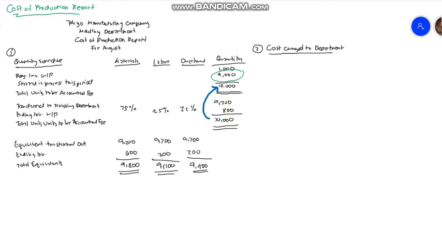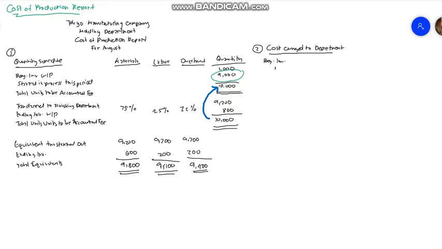Okay. In the problem, the beginning inventory of 1,000, the relating quantity, the relating monetary value is given in the problem. So I'm just going to use this as beginning inventory.